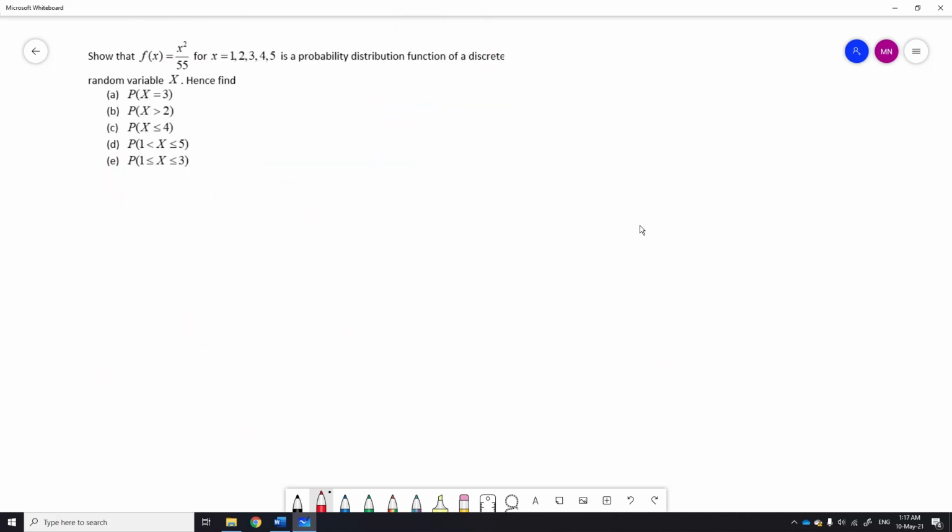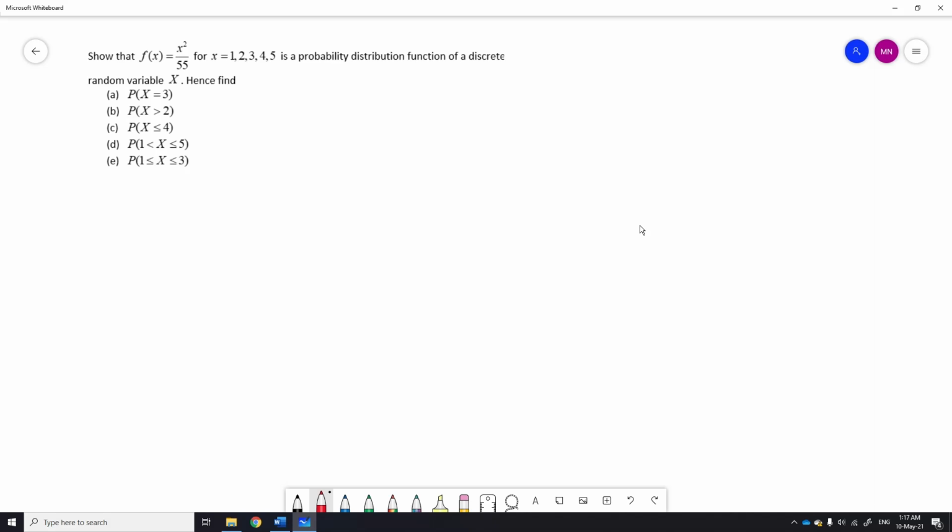Okay, next example is to show that function f(x) equal to x squared over 55 for x equal to 1, 2, 3, 4 and 5 is a probability distribution function of a discrete random variable x.